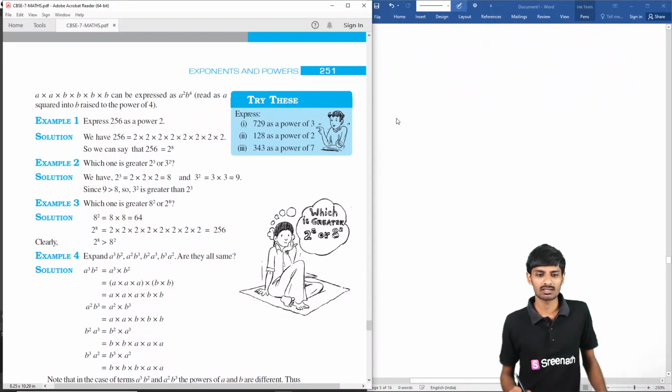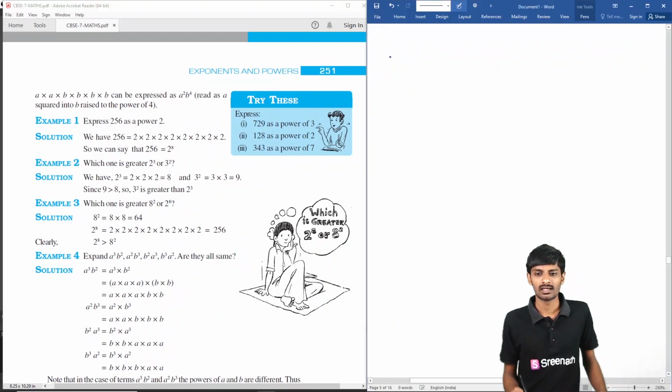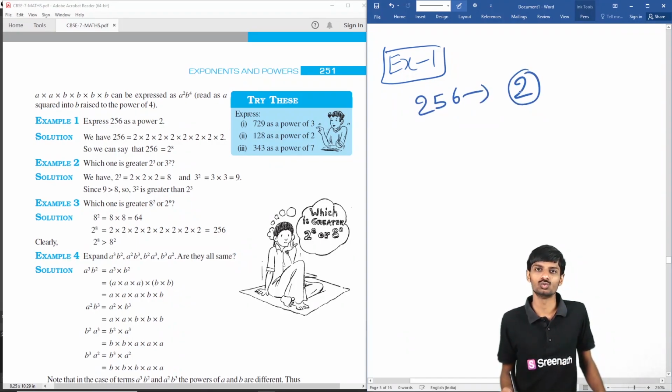So here we will solve some examples. First, example 1. Represent 256 in terms of power with base 2. So 256, it is 2 into how much?